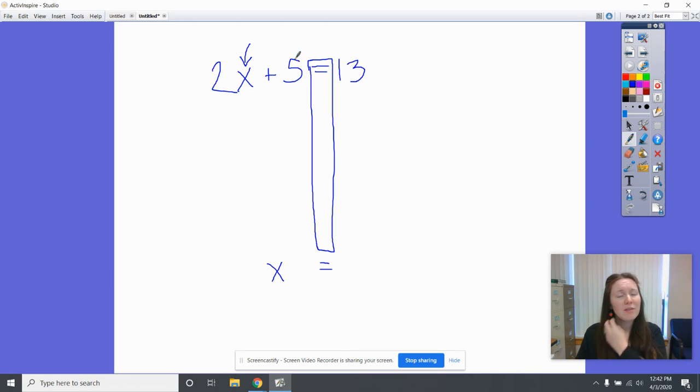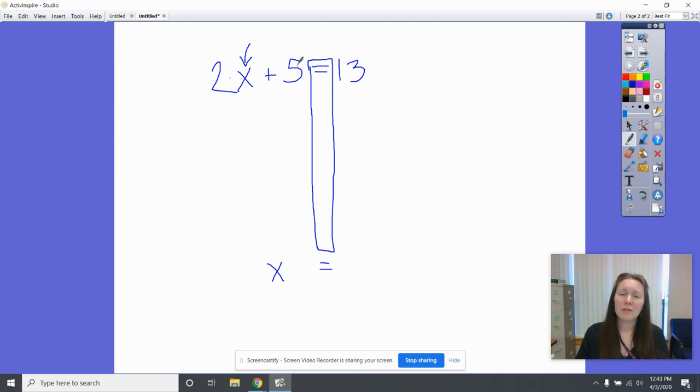We're going to get rid of the things that are farther away from the x first. What I mean by that is not like how I chose to space it out, right? That's not what I mean. What I mean is multiplying is kind of like glue. These two are stuck together, and then adding and subtracting is just kind of like chilling on the outside.